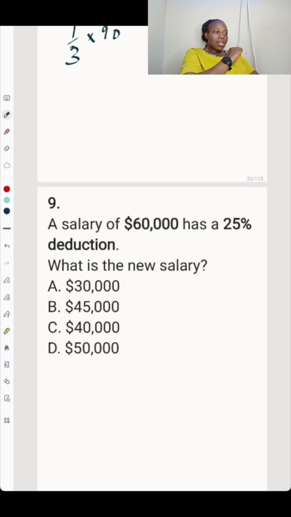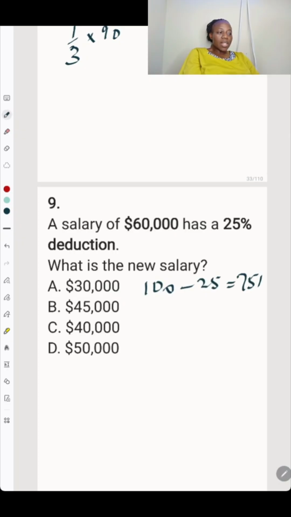$60,000 has a 25% deduction. What is the new salary? If it is having a 25% deduction, then the new salary will be 100 minus 25. That will be 75%. So that's going to be 75 over 100 of $60,000.